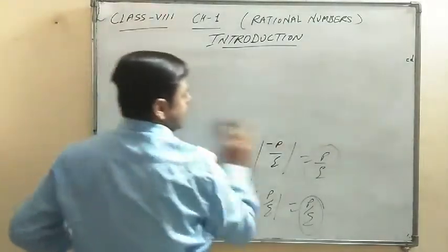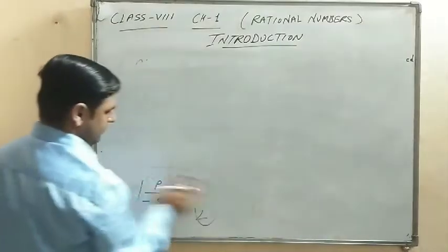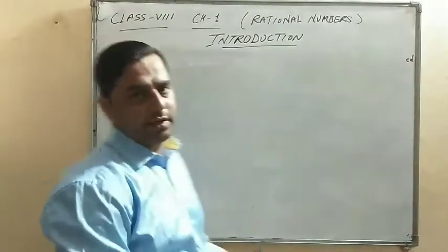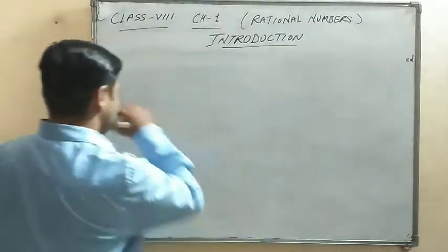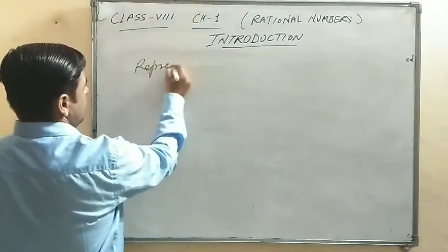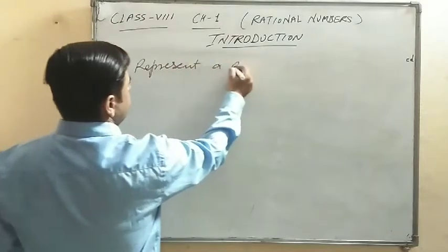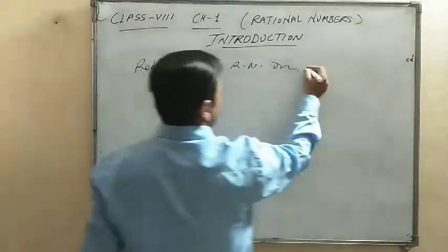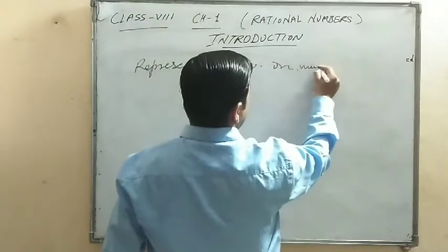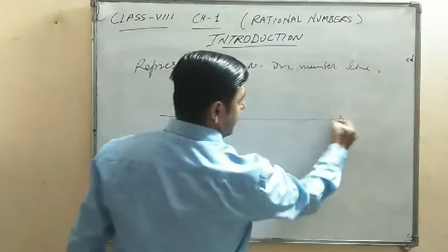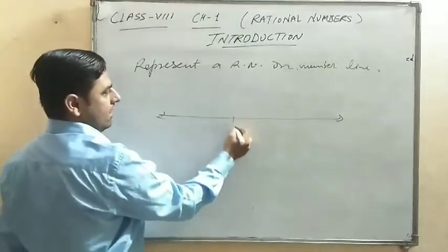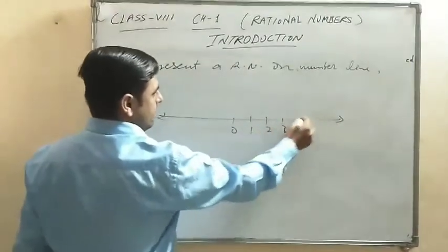So next is how to represent a rational number on a number line. So let's see. Suppose a number line, here numbers are given.